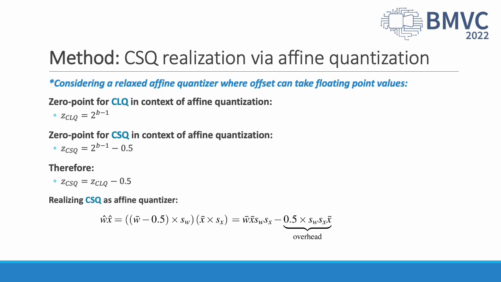We analyze the zero point for CSQ and CLQ, and we find that the difference between the zero point for CSQ and CLQ is 0.5, which means that we can implement CSQ using affine quantization if we fix the zero point to 0.5. This is efficient because 0.5 can actually be implemented using a bit shift operation.